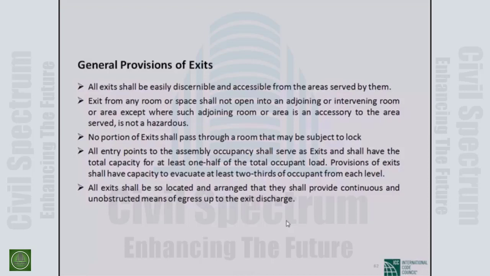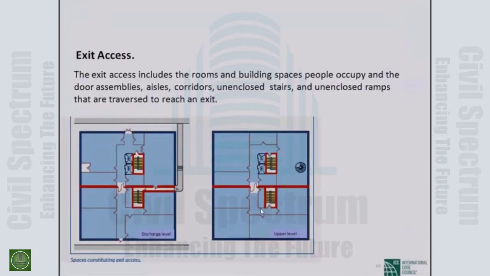So it is always suggested that you can move continuously. Exits shall be located and arranged such that they provide continuous and unobstructed means of egress up to the exit discharge. Sometimes this happens, so you have to keep in mind that it should be like that. It should be discharged totally.